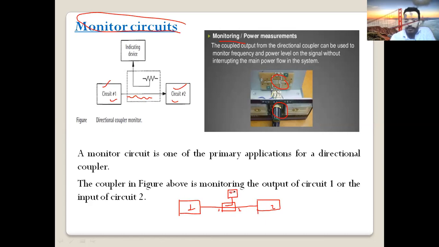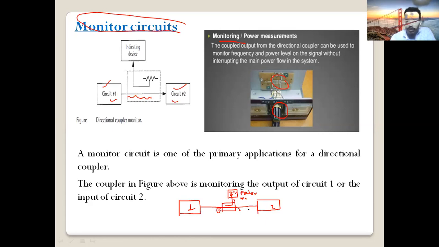Here we have a meter, power meter or spectrum analyzer, okay? You see here, this is our, let's say, power meter or spectrum analyzer. Connected to which port? Port number 3. This is port number 1, connected to system 1.